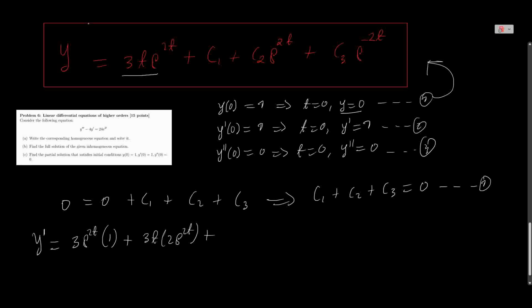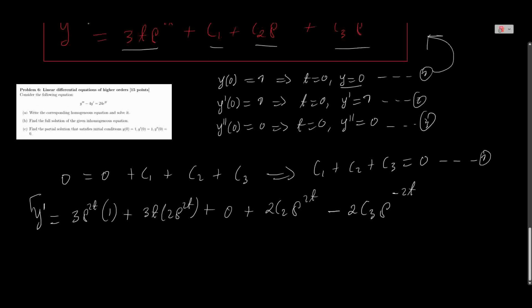Then differentiating c1 gives 0, plus 2c2 e raised to the power 2t, minus 2c3 e raised to the power minus 2t.